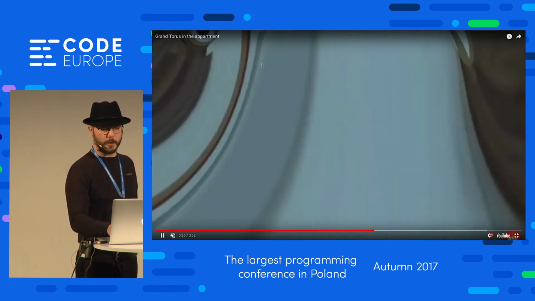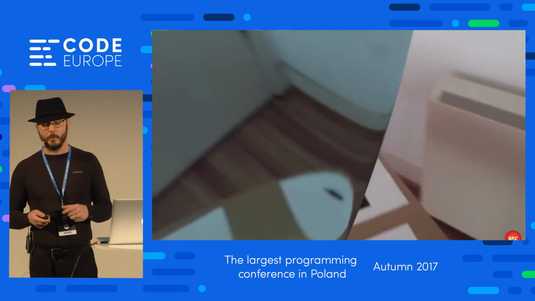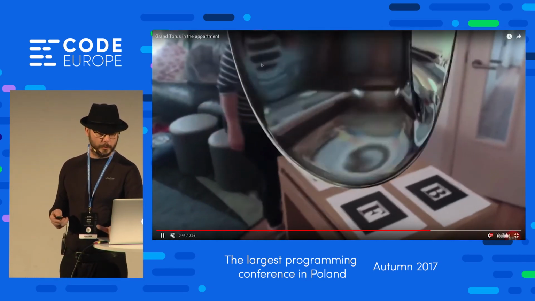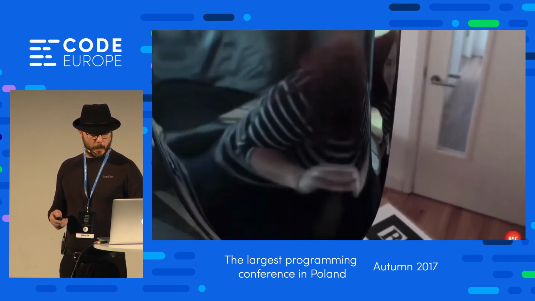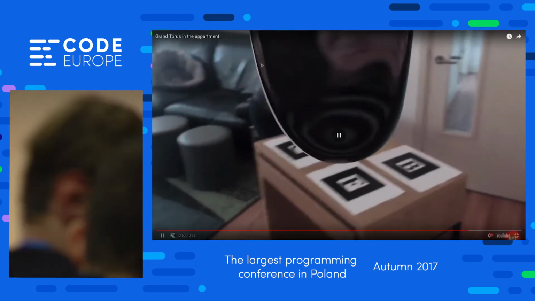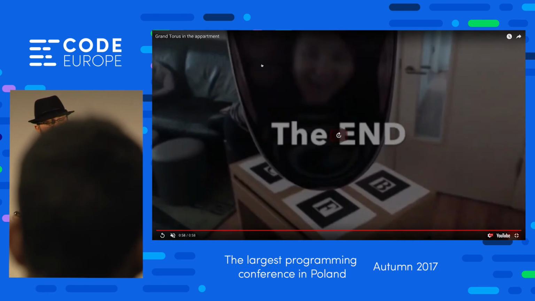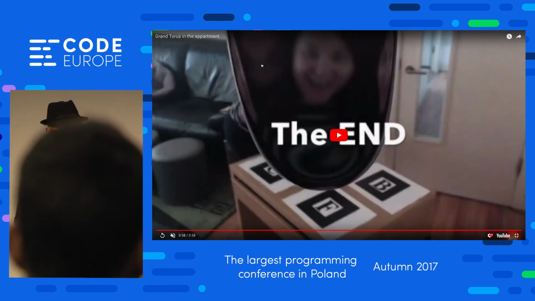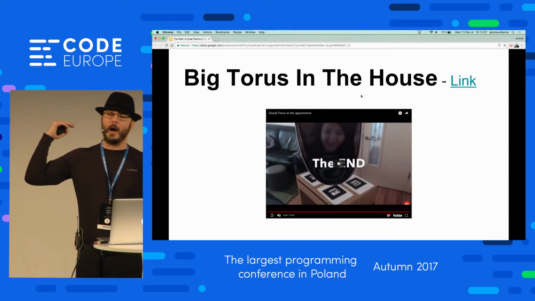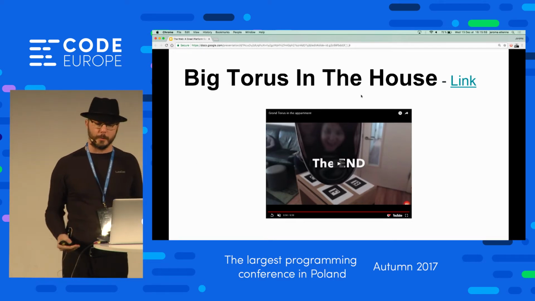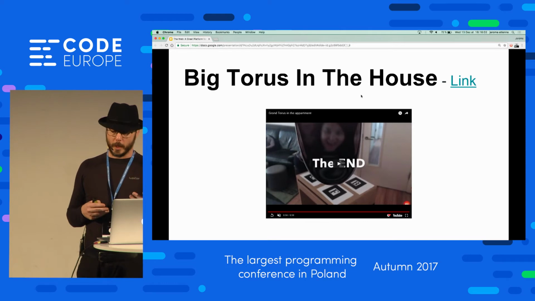This one is interesting. I use refraction to simulate glass. Let me show you this one. Still in my apartment. So you have this big torus floating around. Obviously, it's virtual, right? But it appears as glass. So I see through this virtual object, and it reflects the real world.